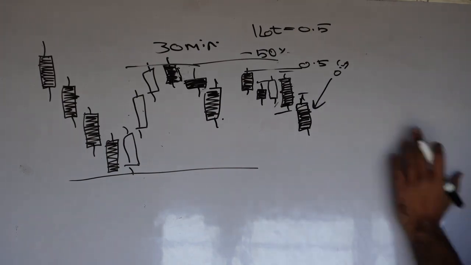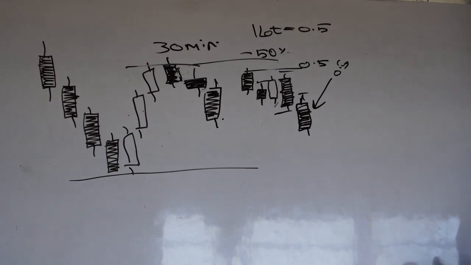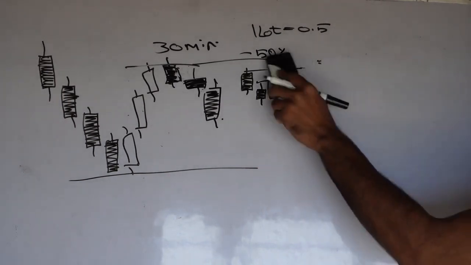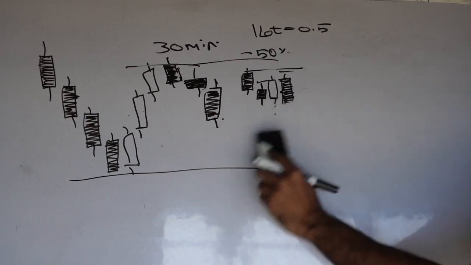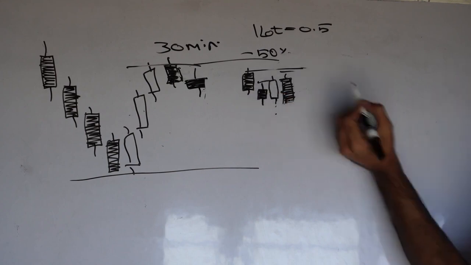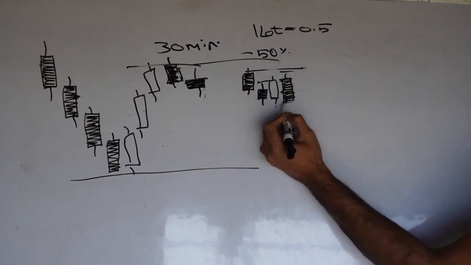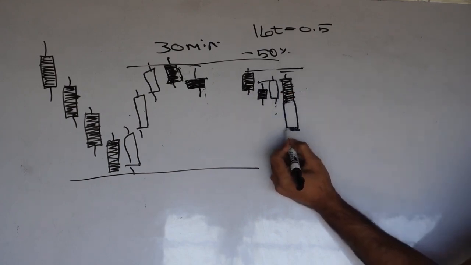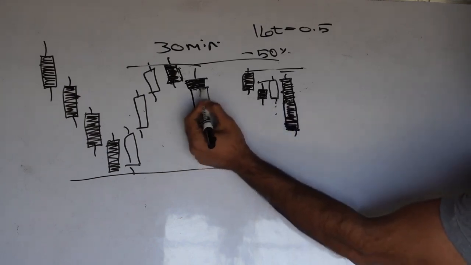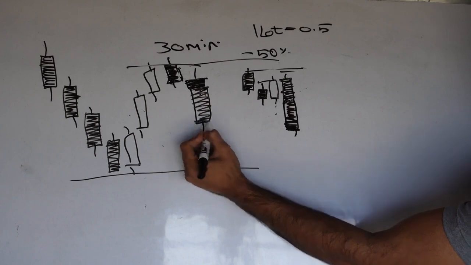And there are also various variations to this. The number one variation is, let's say, for example, the 15-minute candle broke above the previous high, and the new 15-minute candle, when it forms, it just starts to drop down. Once it starts to drop down on the 30-minute, it kind of looks like this.